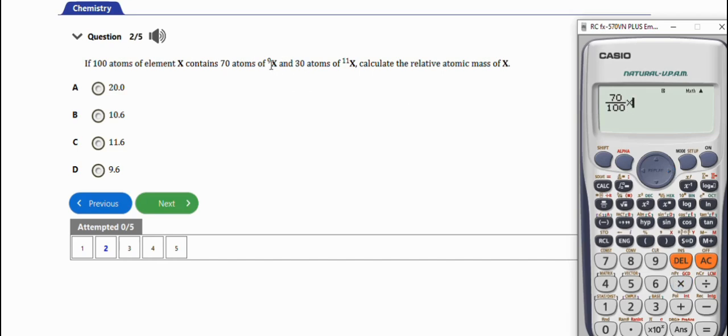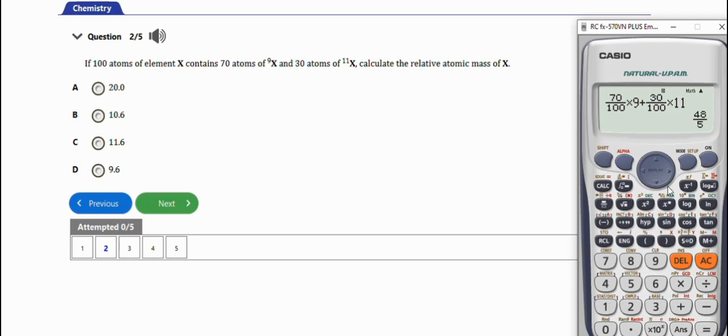The mass number of this atom is 9, plus then the second percent abundance, 30 over 100, that's 30%, times the atomic mass, which is 11. So that's it, guys. Let's press equals now to see the output.